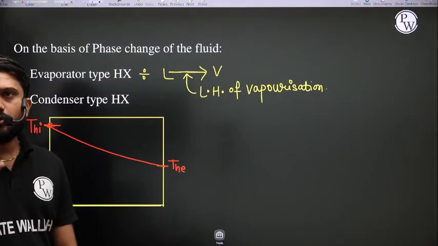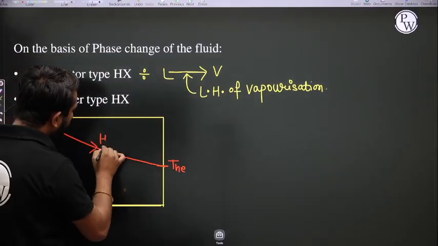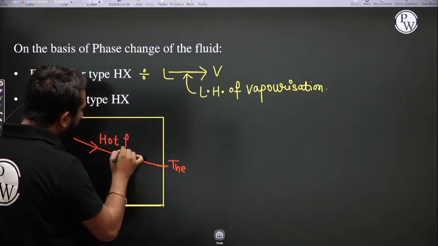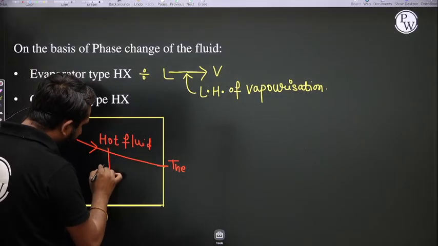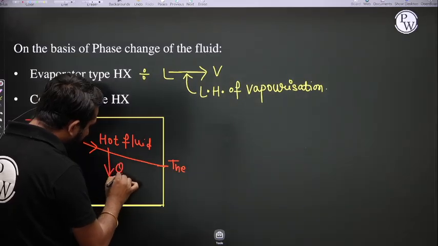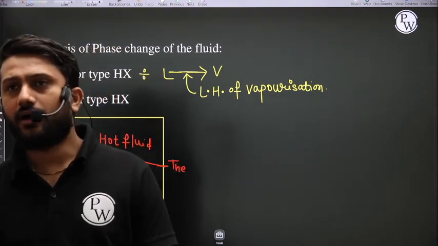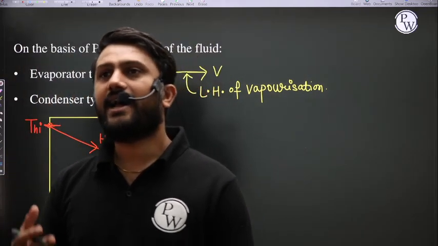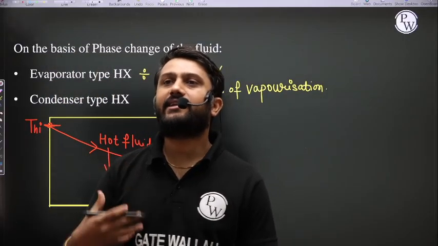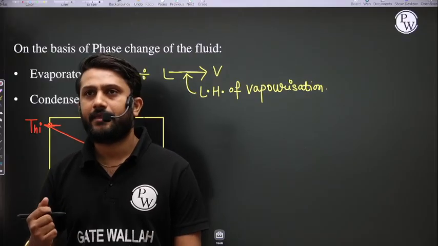When the hot fluid gets cooled down, it releases some energy, and that energy is used as the latent heat of vaporization for the phase change of the liquid.